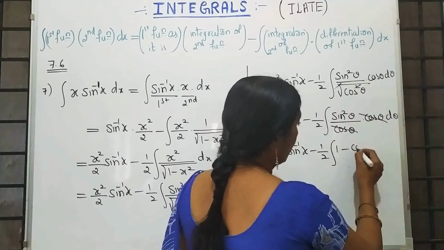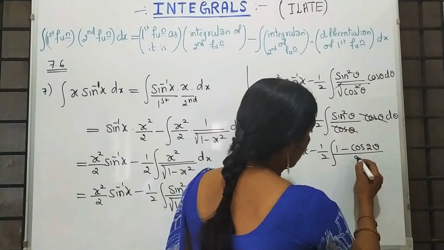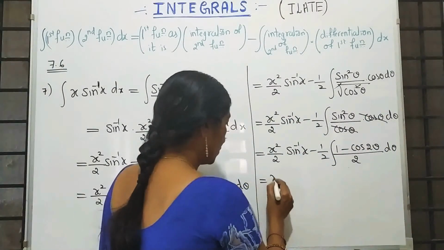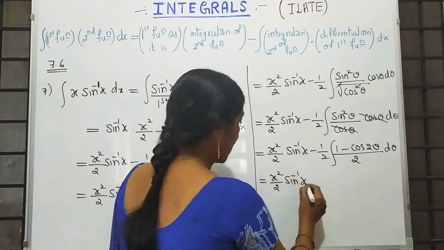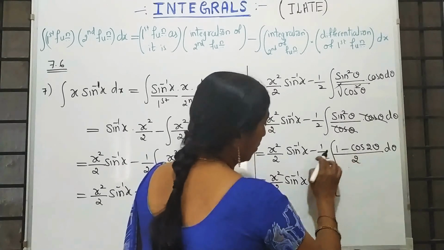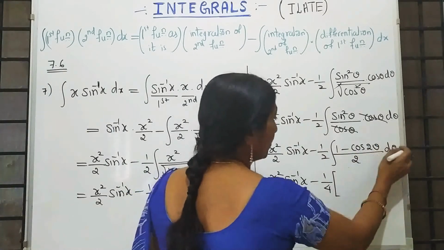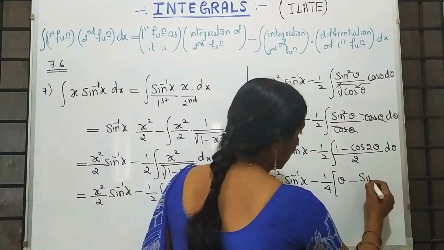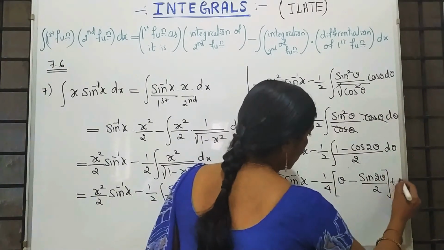So with the help of multiples and submultiples, sine square is 1 minus cos 2 theta upon 2. Now it is x square by 2 sine inverse x minus 1 by 4 in the bracket. I took 2 outside, already 2 is there, it becomes 4. Integration of 1 with respect to theta is theta minus integration of cos 2 theta is sine 2 theta divided by 2, plus c.